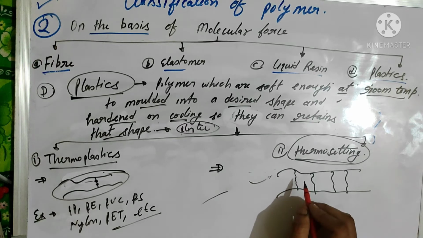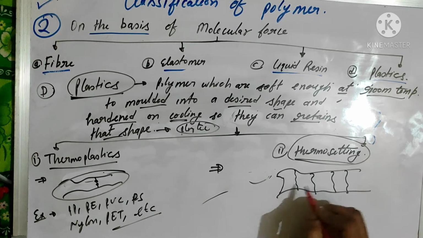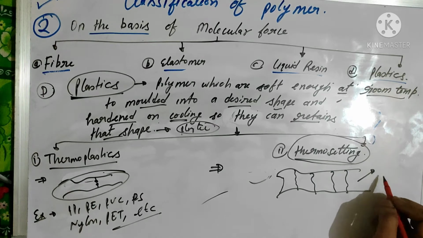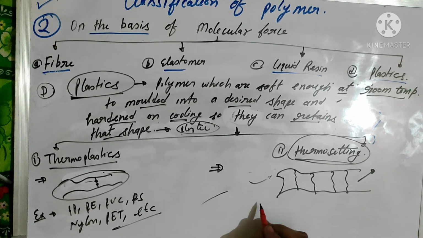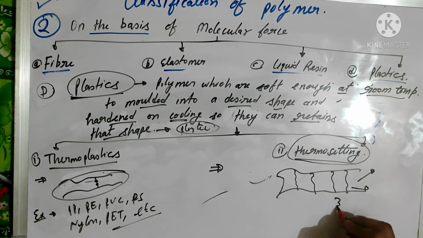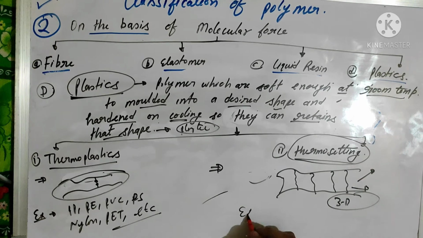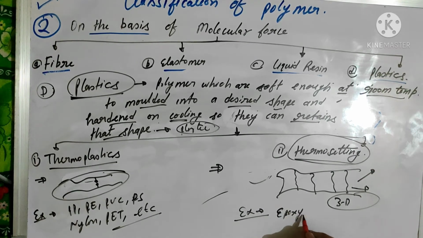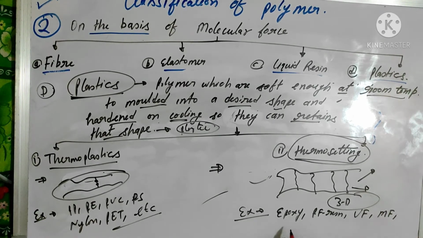So they become an individual mass and make a 3D network structure. Some examples of thermosetting polymer are epoxy resin, phenol formaldehyde resin, UF resin, melamine formaldehyde resin.